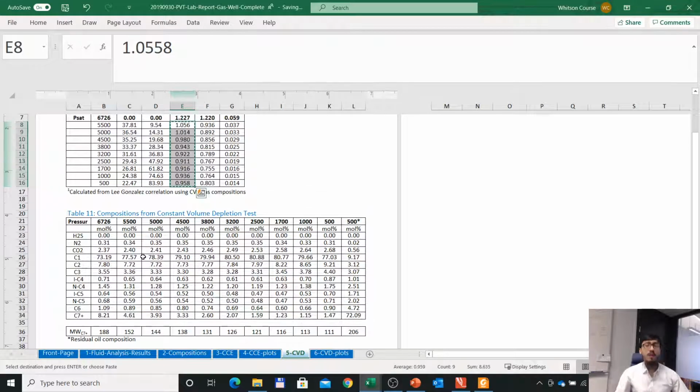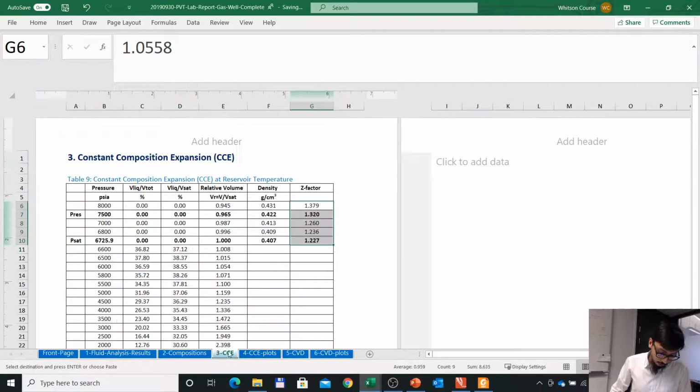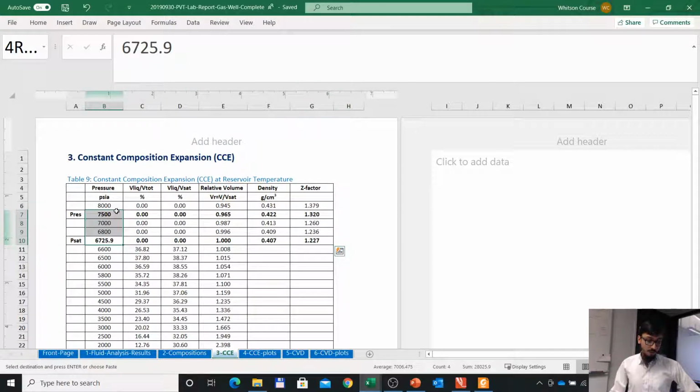When we are entering the composition, we should be aware that when you do a CCE experiment, the total composition in the PVT cell is constant, and for the Z factors reported above the dew point pressure here, the composition has to be the same composition as reported for the entire mixture in the PVT report.